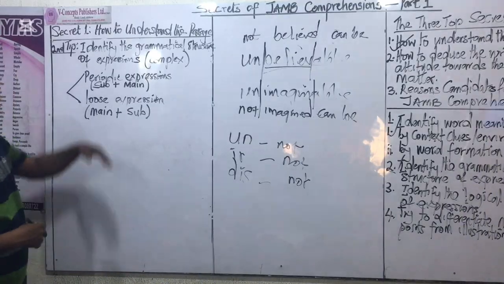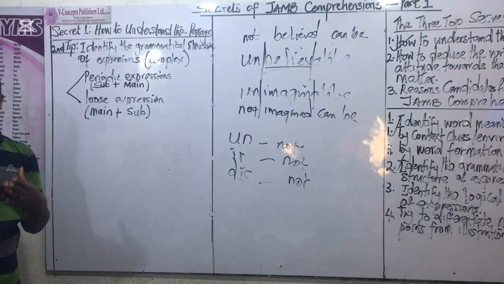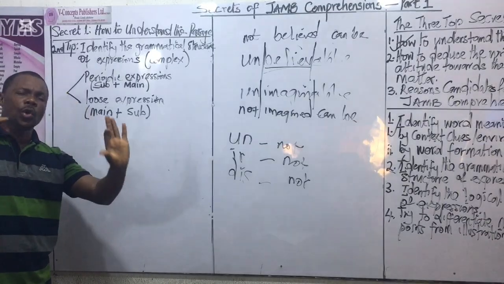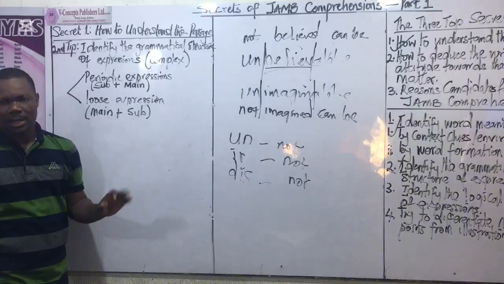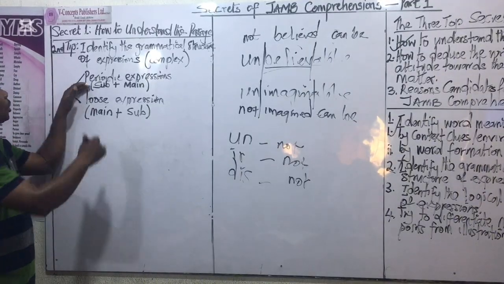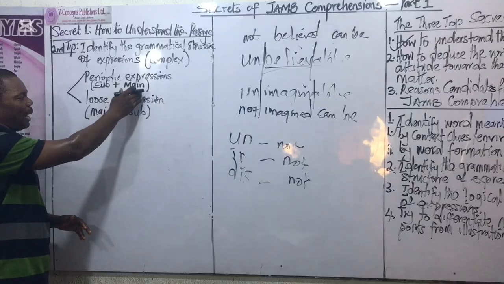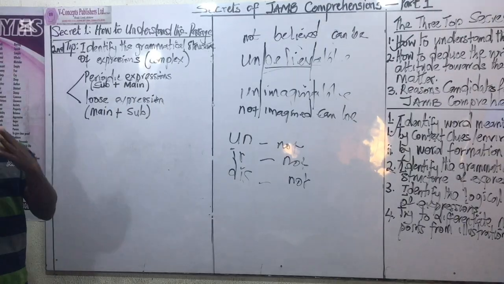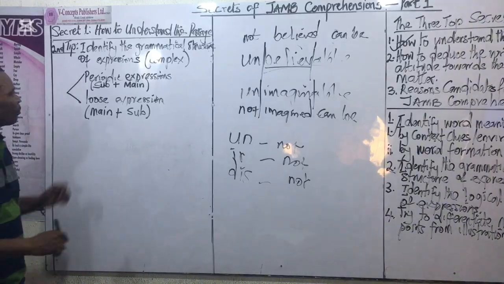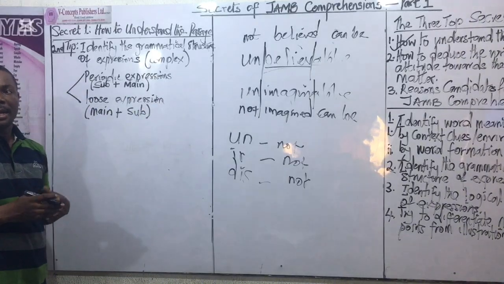Okay? Now, an expression is said to be complex if it is made up of just two clauses. That is, main clause and a subordinate clause. Like you have on the board, we have sub plus main and main plus sub. Now take a good note of the two categorizations here. One, periodic expressions.